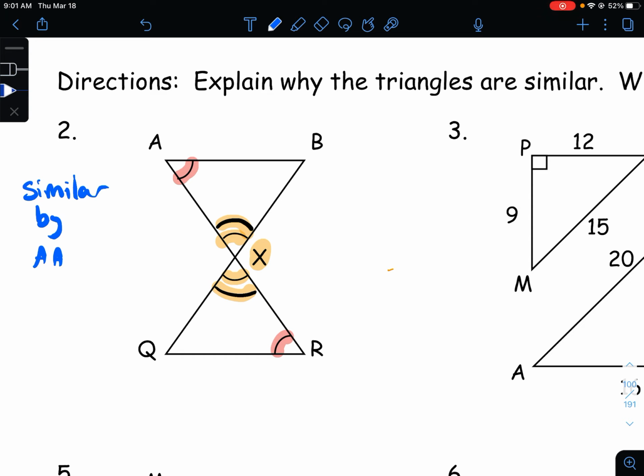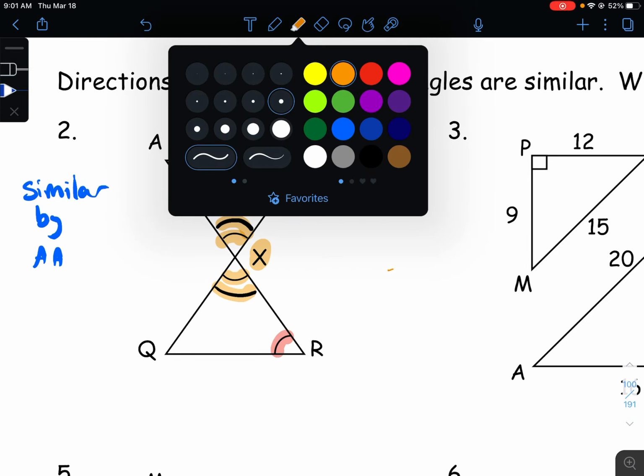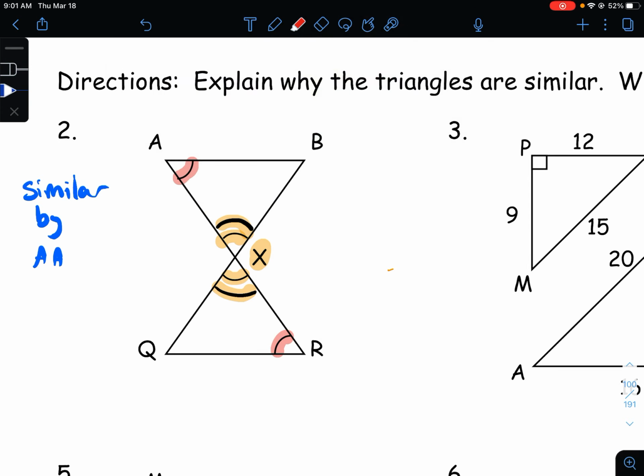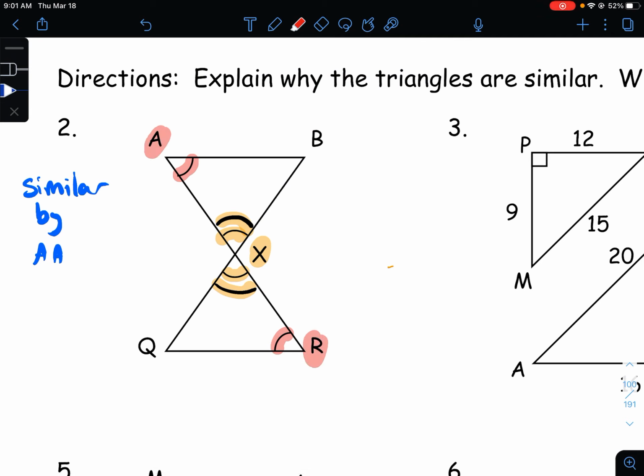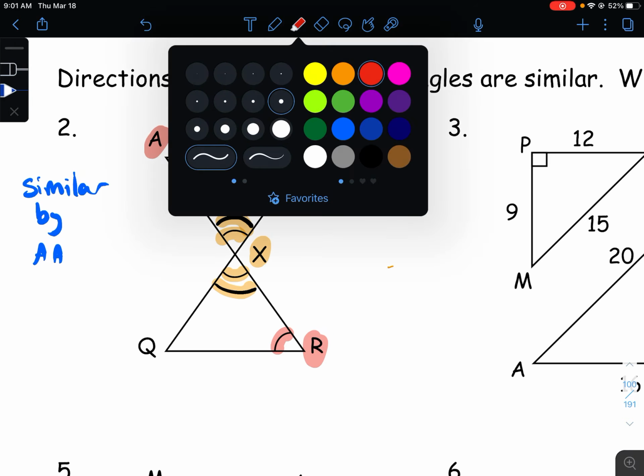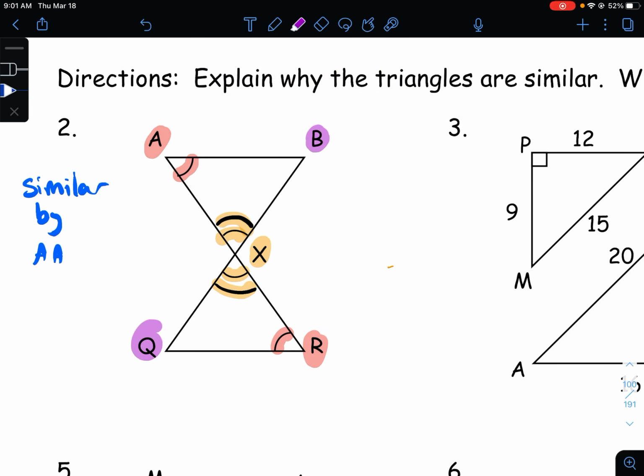Now we have to write the similarity statement. When you have congruent angles, it's a little bit easier because you can see that angle A goes with angle R, these two X angles go together, and what would be left is that B and Q go together. When you write the similarity statement, you have to put it in the proper order.